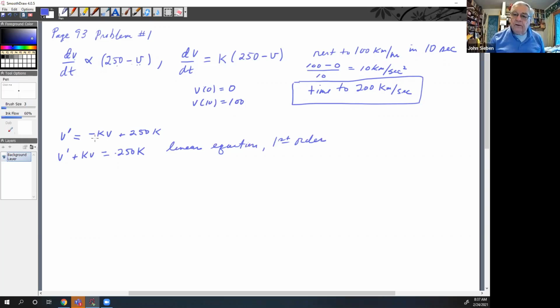Of course, I could also factor a k out of here and say this is equal to k times 250 minus v. I guess, that's what I had originally. But in this form, I see that we could say v prime.